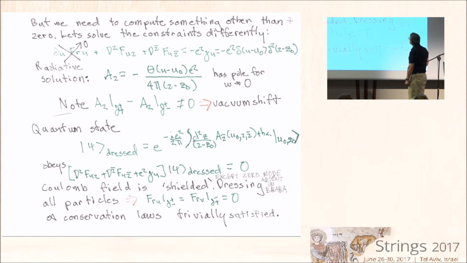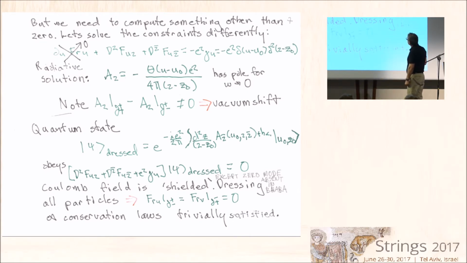So we can solve this constraint equation by dressing the charge with a cloud of radiative photons. And here's the solution. Notice that this A here has a theta function. And if we were to go into momentum space, that would mean that it has a pole as omega goes to 0, because the Fourier transform of a step function is a pole.